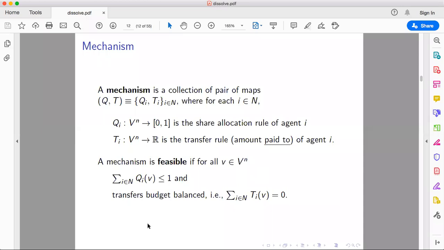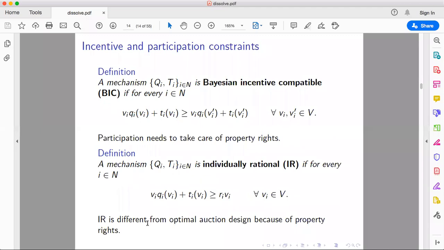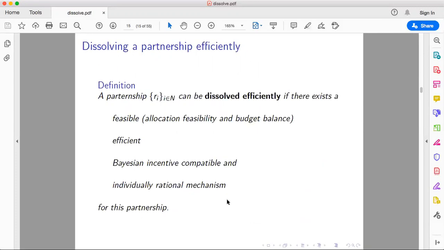That's all. So we defined the incentive and participation constraints last time. It's Bayesian incentive compatibility and interim individual rationality, where small qi is the interim allocation probability and small ti is the interim payments. This basically says that the interim payoff is greater than or equal to Ri Vi, where Ri is the current share of agent i in the partnership, or over the object.